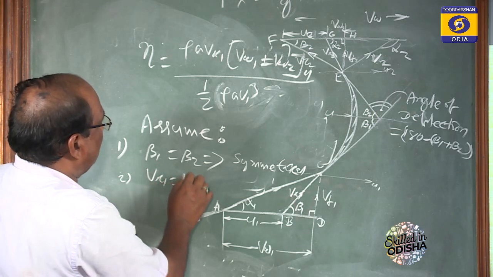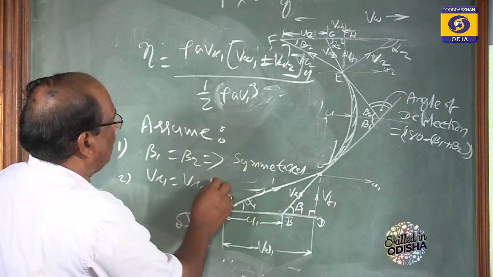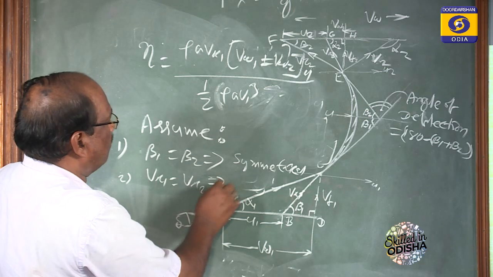Next, VR1 equal to VR2 if the blades are smooth.